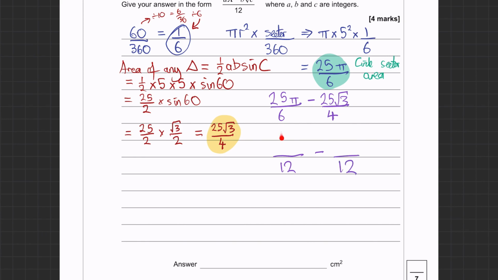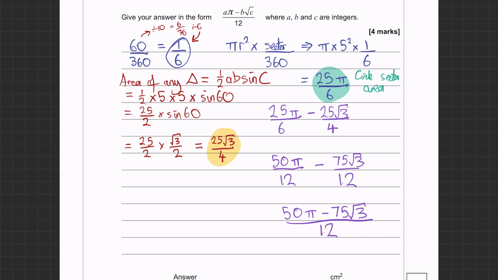Now 6 multiplied by 2 is 12, so 25 pi times 2 is 50 pi. Then 4 multiplied by 3 is 12, so 25 root 3 multiplied by 3 is 75 root 3. And then because we've got a common denominator, we can just merge the tops, which is 50 pi minus 75 root 3, all over 12.